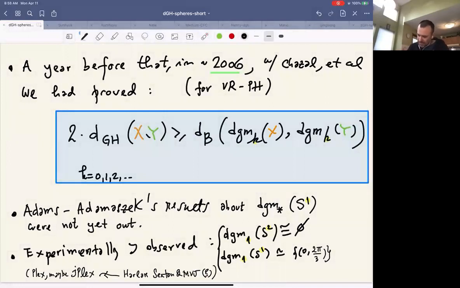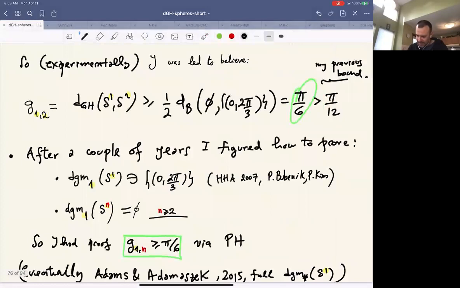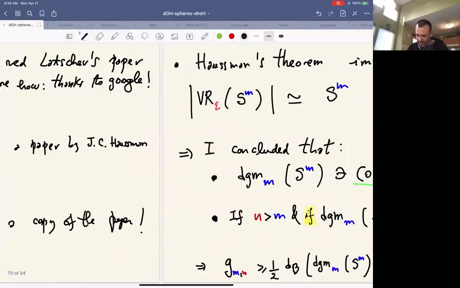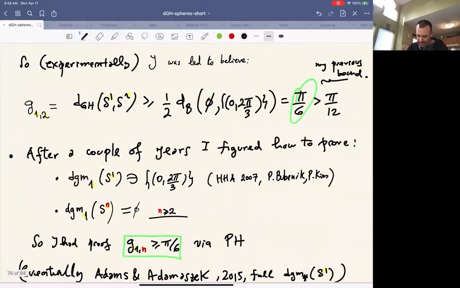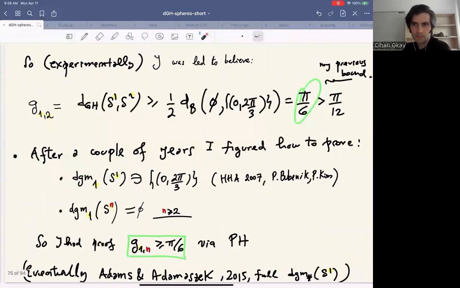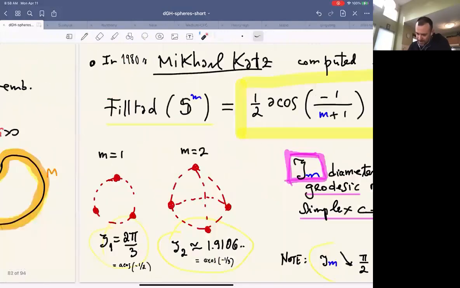So what happened, and this is something I said in the end to not mention, is that this is a lower bound we obtain for Gromov-Hausdorff distance based on bottleneck. And for spheres, the lower bound is 1/2 of the one that you obtain via Dubins and Schwarz. That is what ended up happening. So I'll write it here.